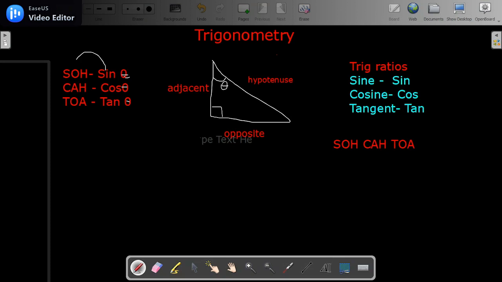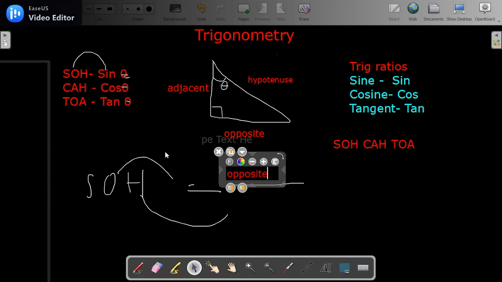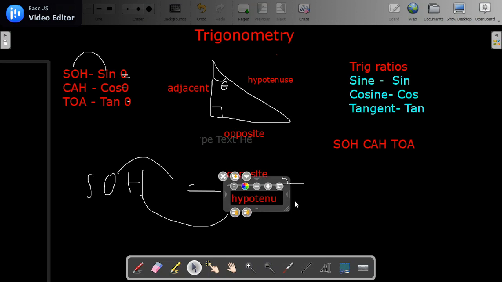The O here stands for opposite, while the H here stands for hypotenuse, which implies that SOH is also equal to sin theta.